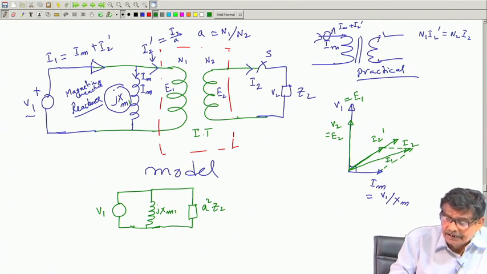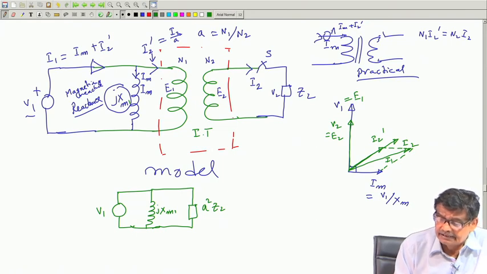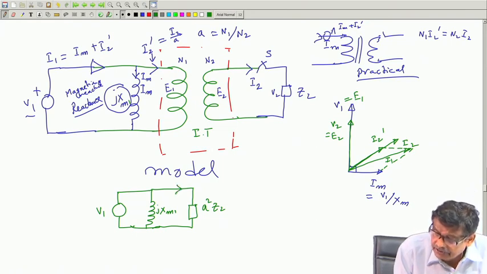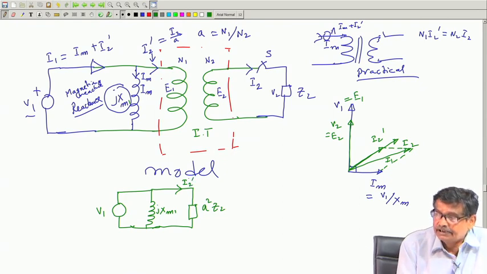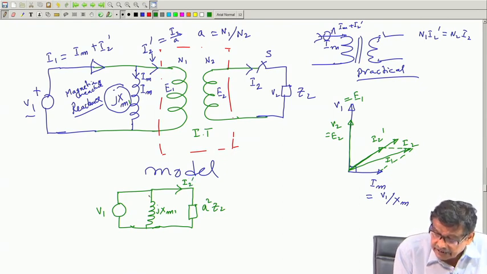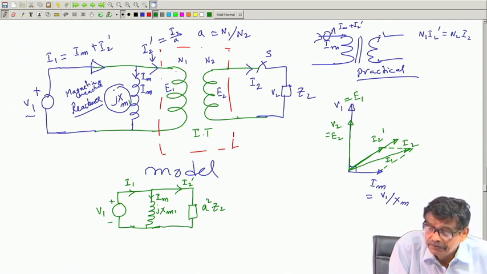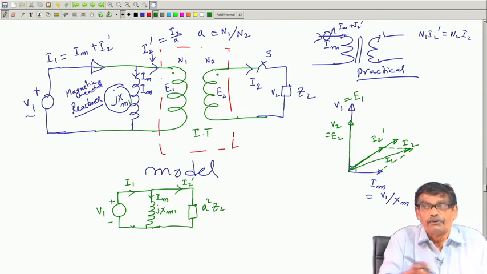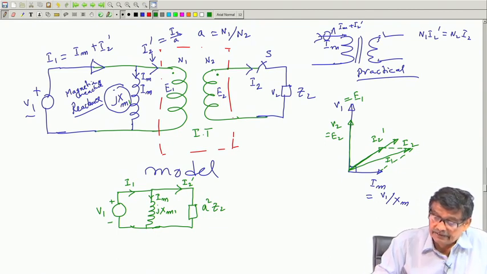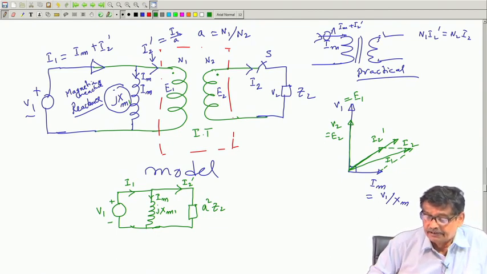So, whatever impedance, voltage are there, and this current I will show as I 2 dashed, reflected current, and this current I will show as magnetizing current, and this current is your I 1. Mind you, I am not drawing, but there are dots, that is very important. So, this is the equivalent circuit referred to the primary side.